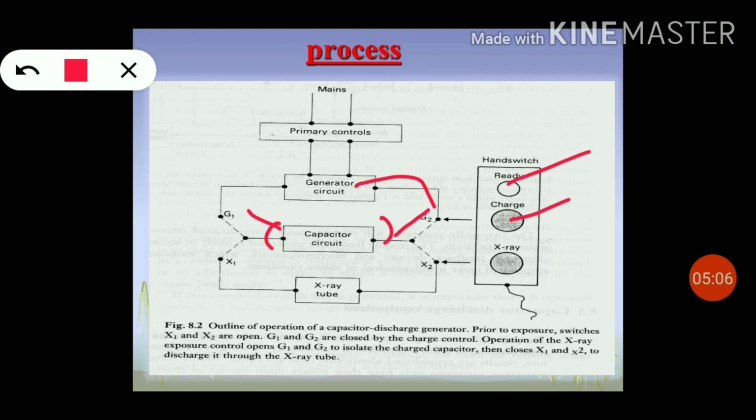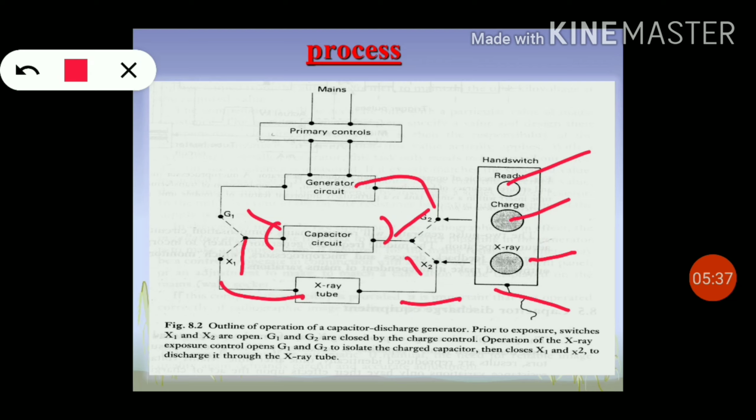Then a lamp will indicate the ready button. After charging has stopped, you press the exposure button. The capacitor will then be connected to the tube at X1 and X2, and discharge through the X-ray tube, which constitutes an exposure.